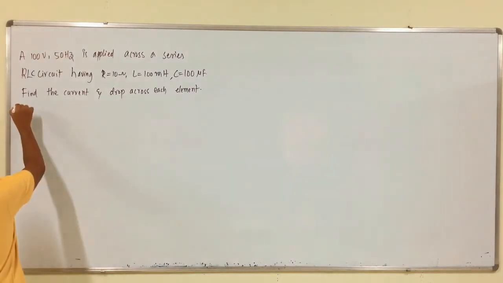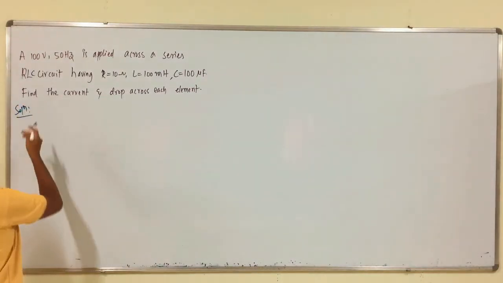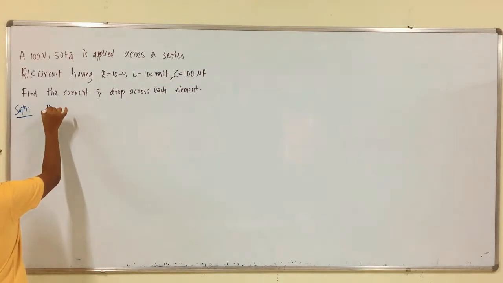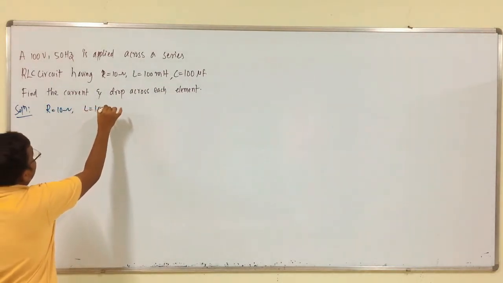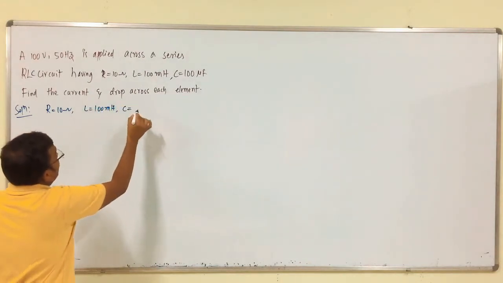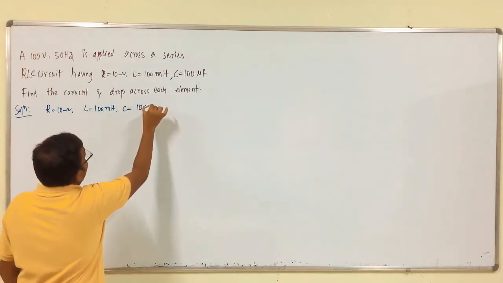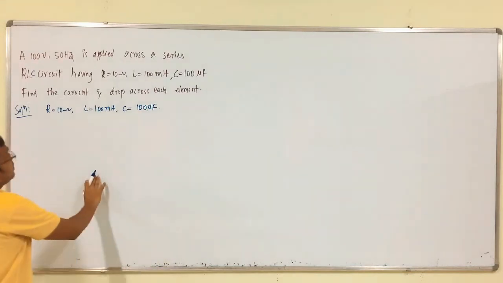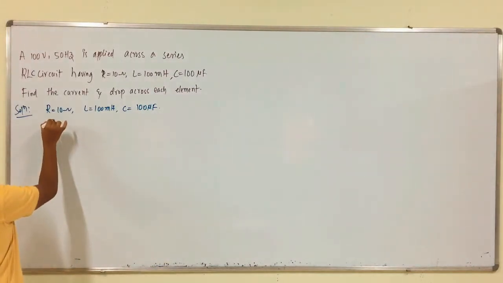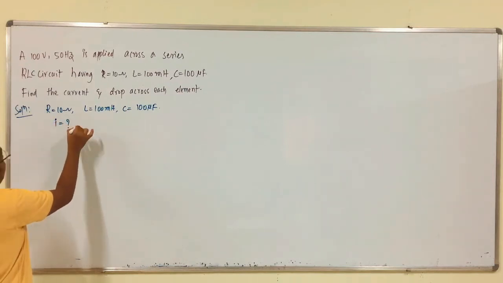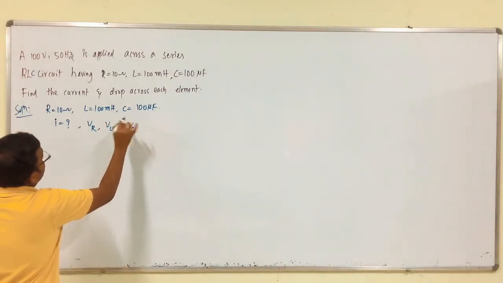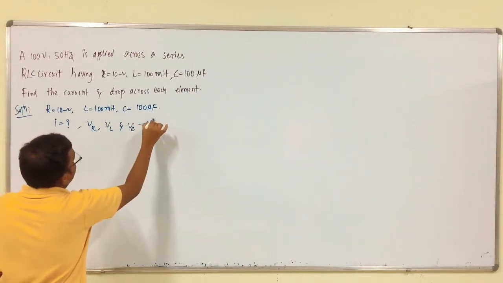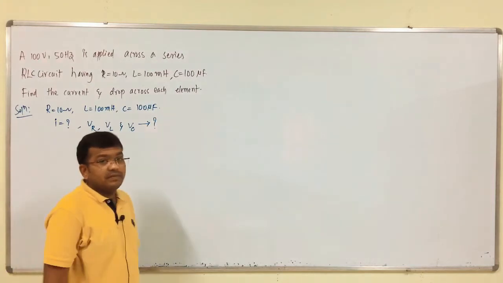So, given R is equal to 10, L is equal to 100 millihenry, C is what? 100 microfarad, and he wants the current. Simply he wants current and VR, VL and VC. These all are what he wants.